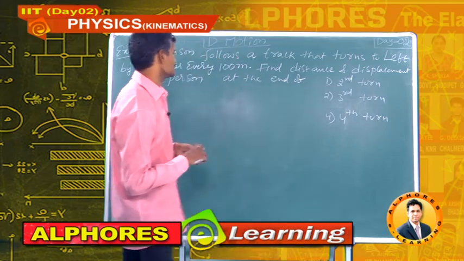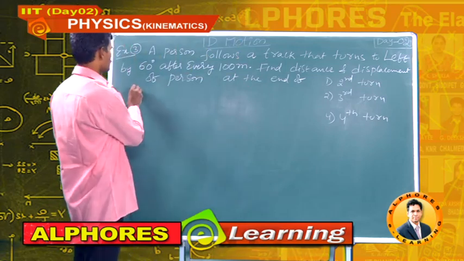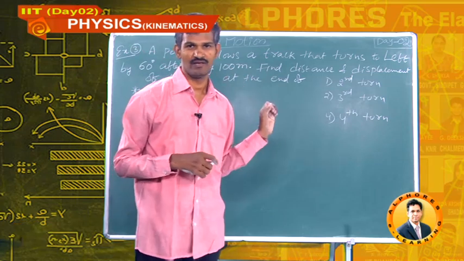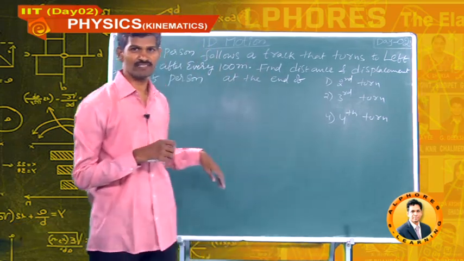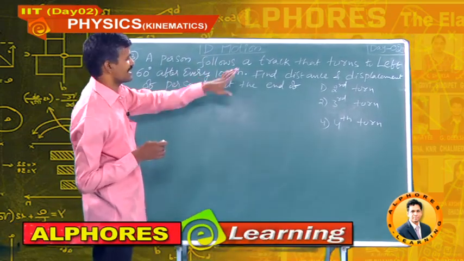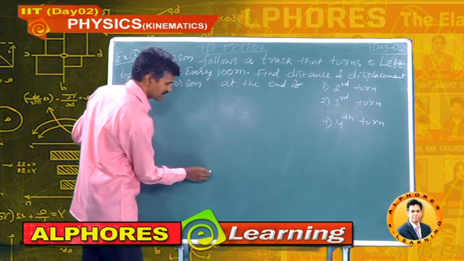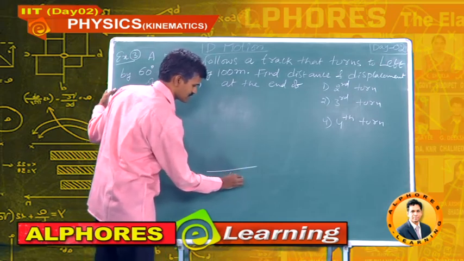Okay. For this, I am taking the diagram. To solve any problem, first of all we have to visualize the situation. Once we visualize the situation, it is easy to solve the problem. So for this, I am drawing the track. This track is like this. Man starts from here. Suppose this is 100 meters.